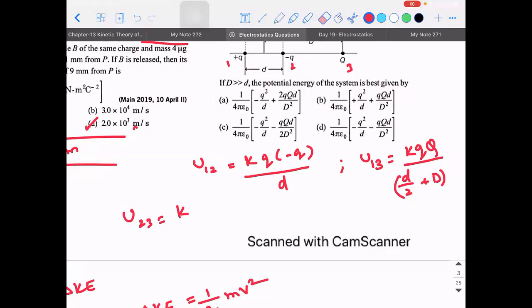And remember, the thumb rule is whenever you are applying the formula for potential energy, you need to take the sign of the charge into consideration.